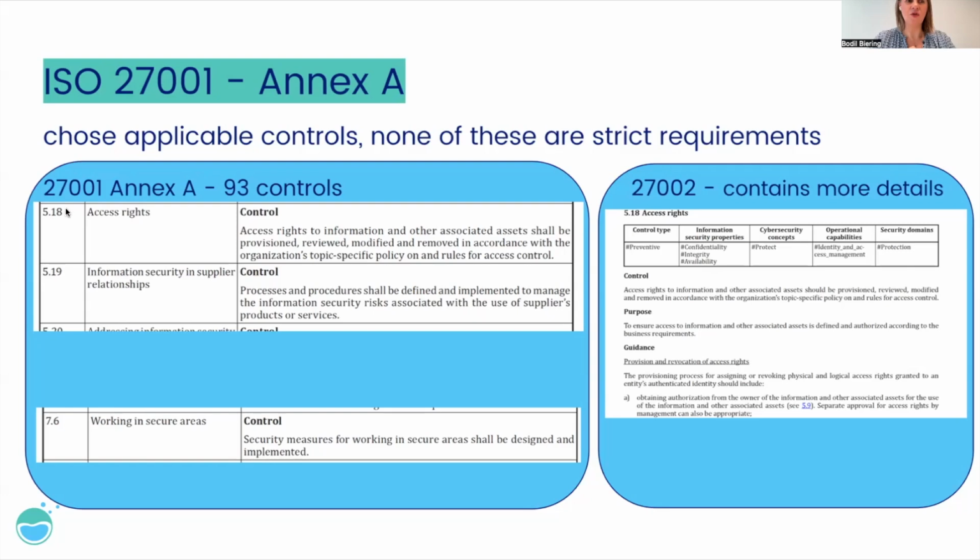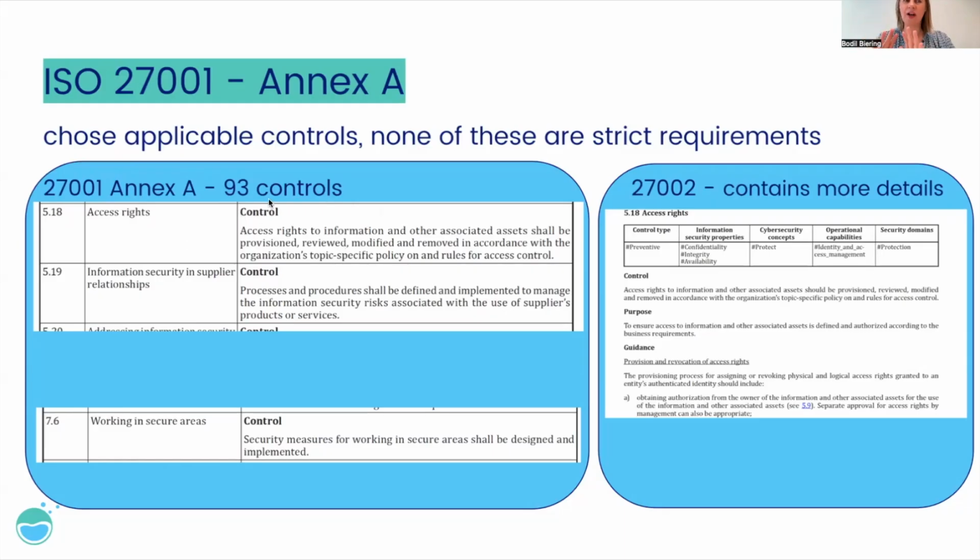Then there's another control up here, 5.18, access rights. And that's general, like access to systems. And if you say that's not applicable, it's very hard to explain in most cases. So this one will usually be a control that you would have.